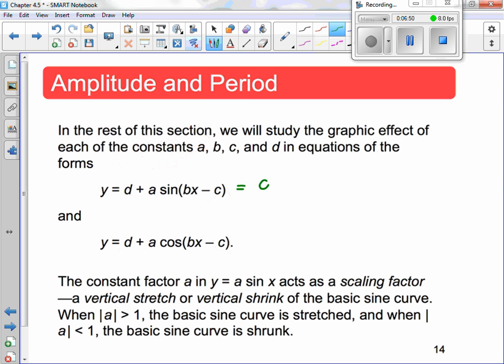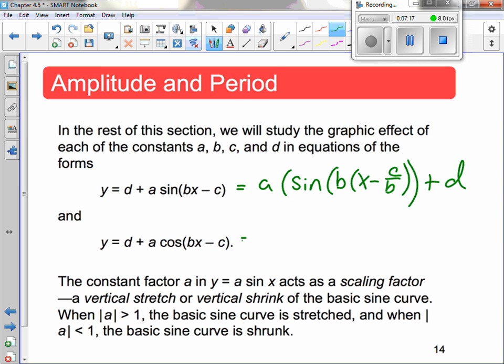What we're really looking at is a sine of B times x minus C over B. Because whatever that horizontal stretch or shrink is has to be pulled out of the horizontal translation so that we can know what the actual translation is.